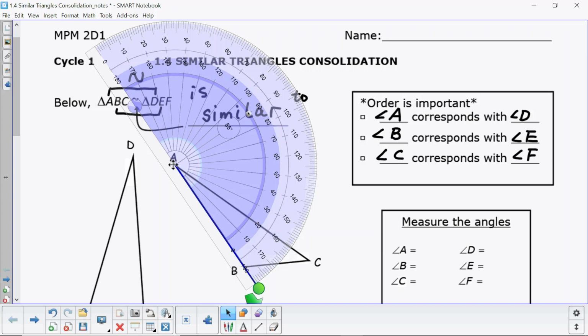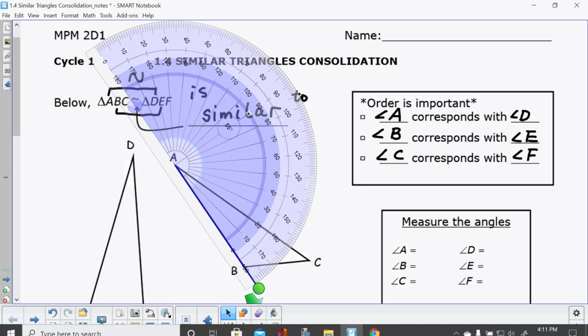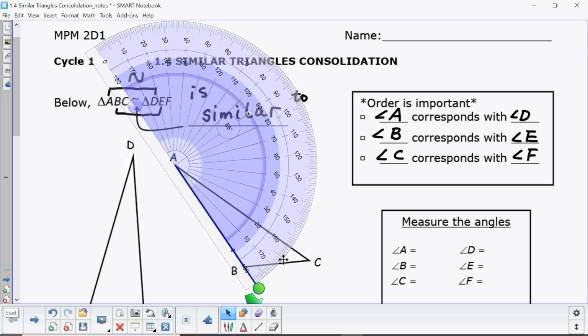And one side of the protractor's starting line, the 0 line, lays over one arm of the angle A. Then we count from 0 up how many degrees to get to the other arm of angle A. From the reading, we can see that is 20 degrees. It's from here to here.